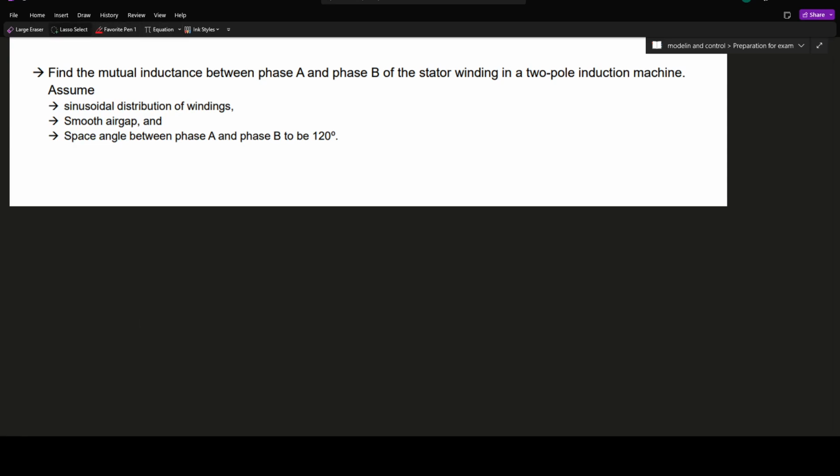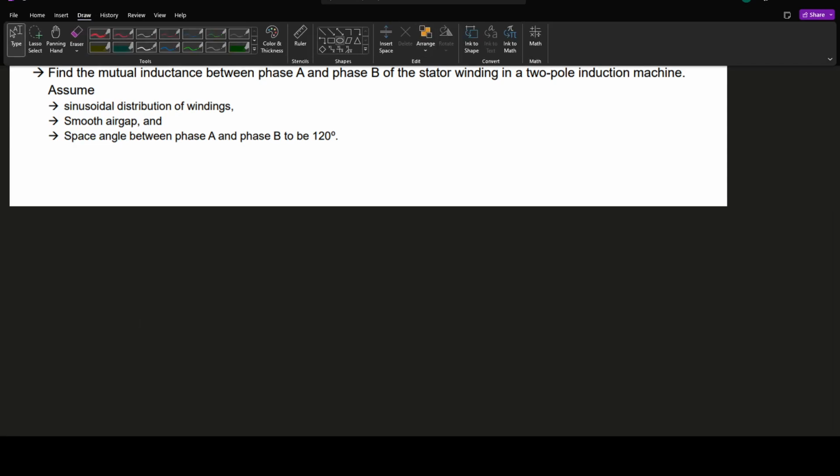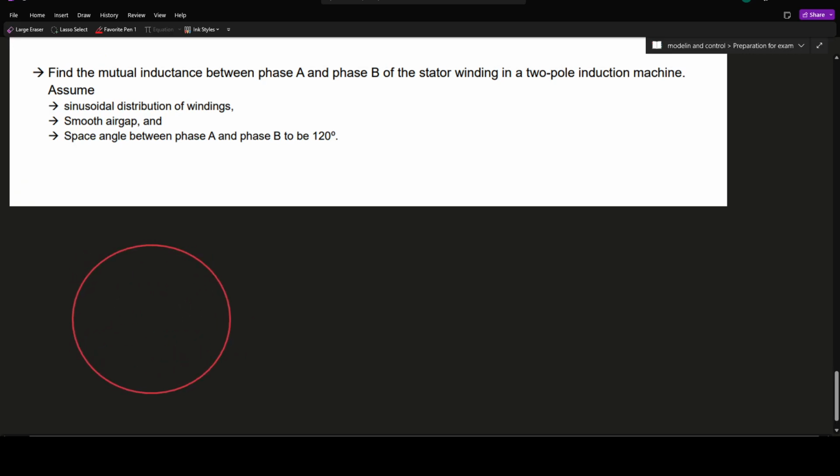so let's draw it first, so we have a little bit clearer what is going on. So here in 0 degrees, I'm gonna have my phase A. Now, notice that I'm writing capital A. This means that here is where the peak of the distribution of the turns is going.